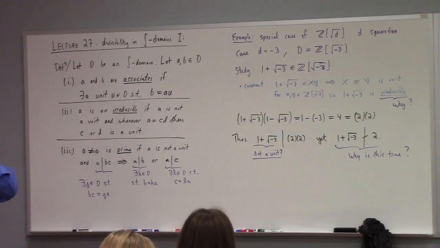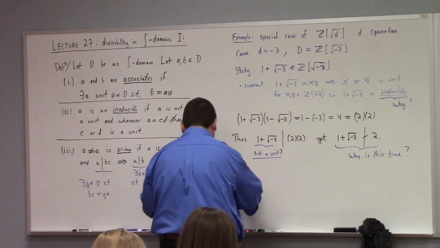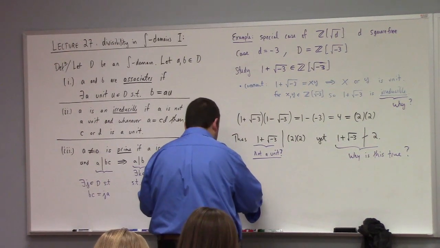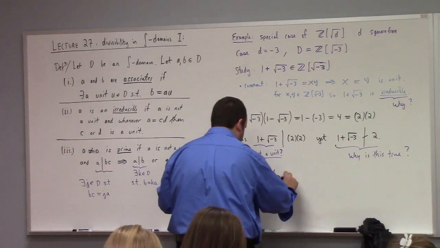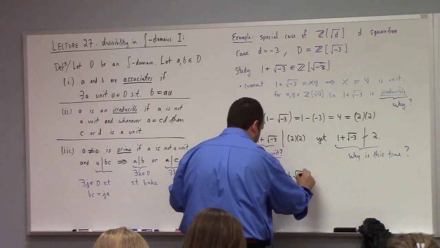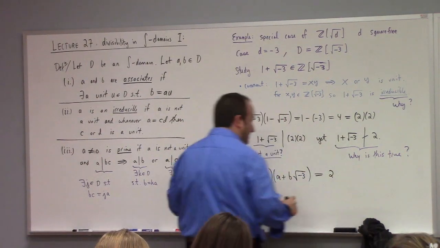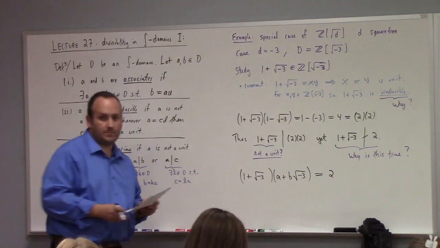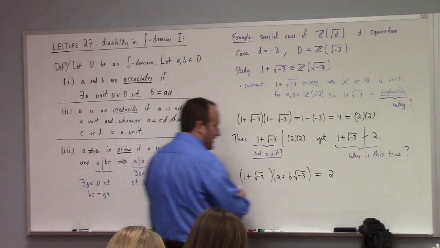So let's look at the last thing. Why is it that 1 plus the square root of minus 3 does not divide 2? What would it mean for it to divide 2? That would mean that we could write 1 plus the square root of minus 3 times a plus b times the square root of minus 3 equal to what? Equal to 2. So is it possible to solve that? I mean, can you find?